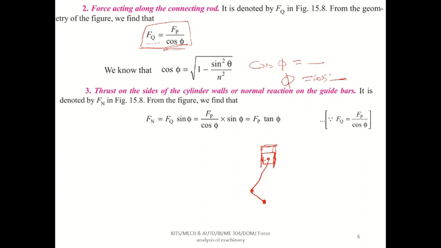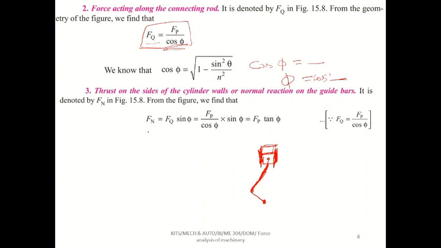So first we got the force acting on the piston surface. Next we got the force on the connecting rod. Now, force acting on the cylinder walls. Cylinder walls means on the side of the cylinder. On the cylinder, how much force will be there?